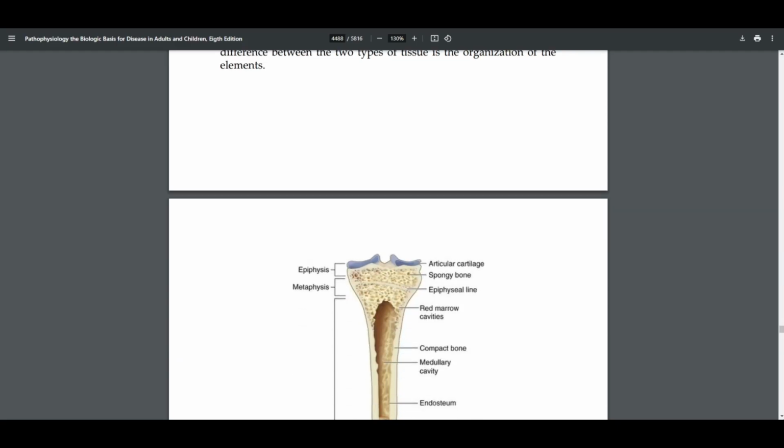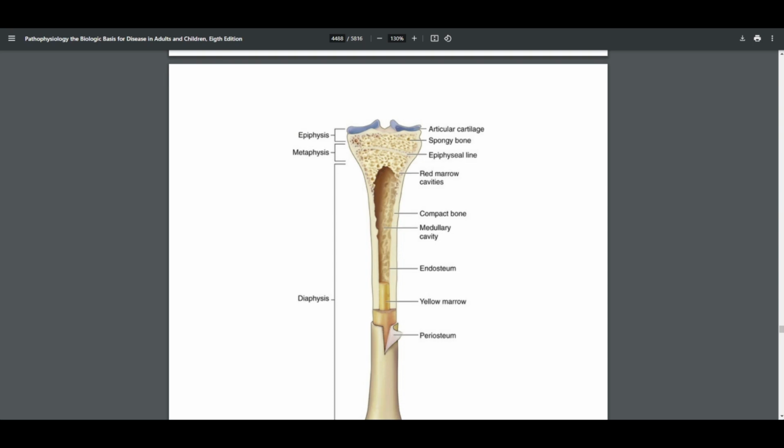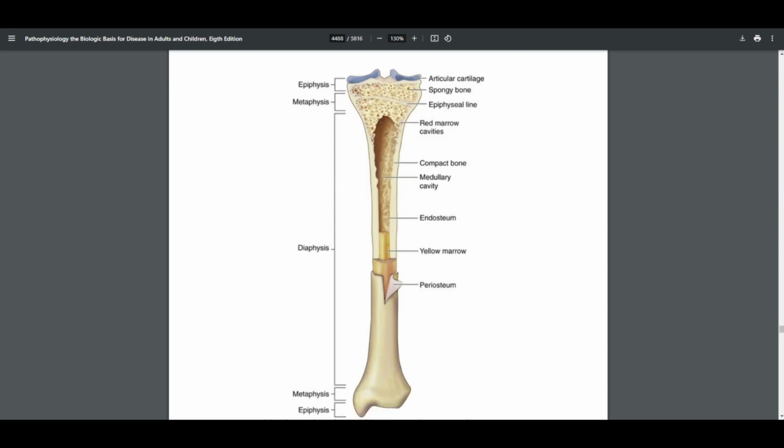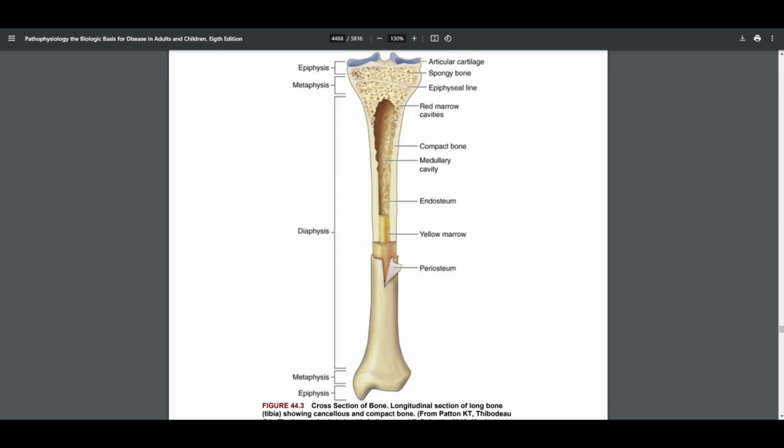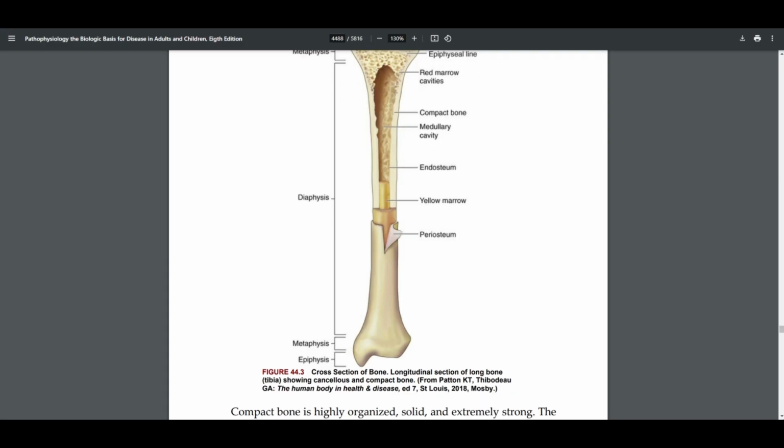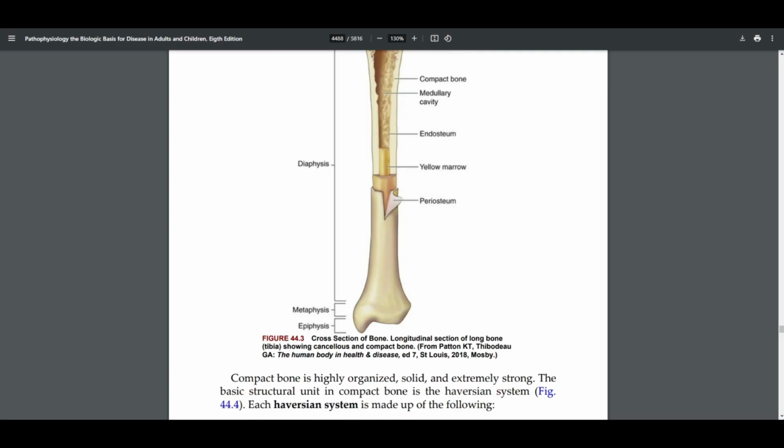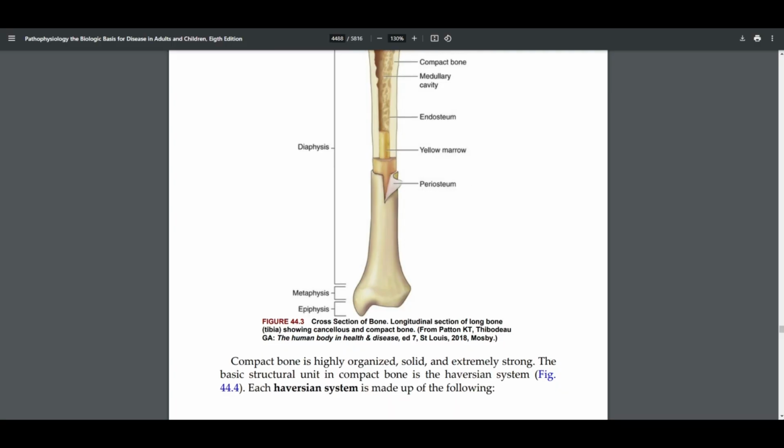So here you're taking a look at a bone. If you need a quick refresher of your anatomy, pause here, read it over. Compact bone is highly organized, solid, and extremely strong.